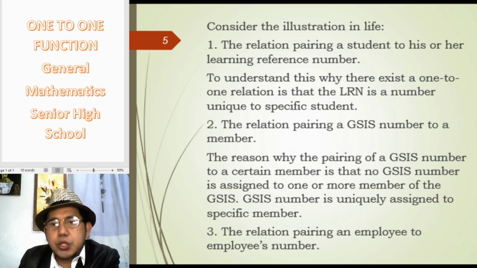And of course, the relation pairing an employee to an employee number. The numbers we are talking about here are uniquely assigned to a specific individual. So that is the meaning of one-to-one function, or shall we say one-to-one correspondence.